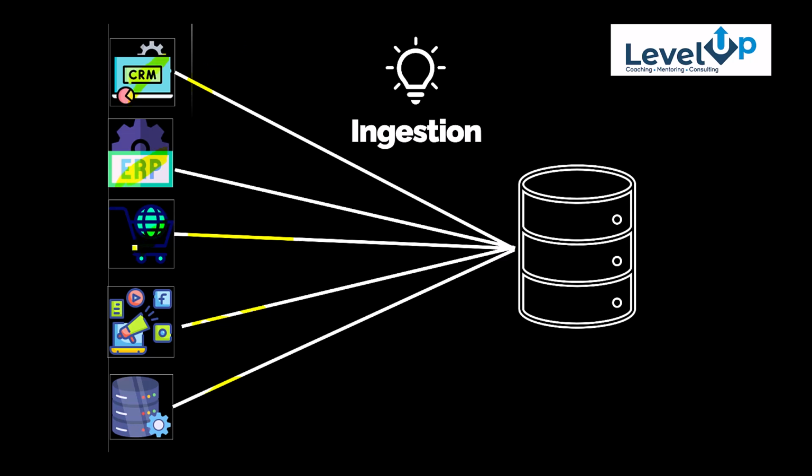So if I want to know which customer purchased which products and how much sales I have made, I need data from all these sources. But these sources are located in different locations. This data is in CRM, this data is in ERP, this data is in e-commerce, this data is in social media, and this is in a database.